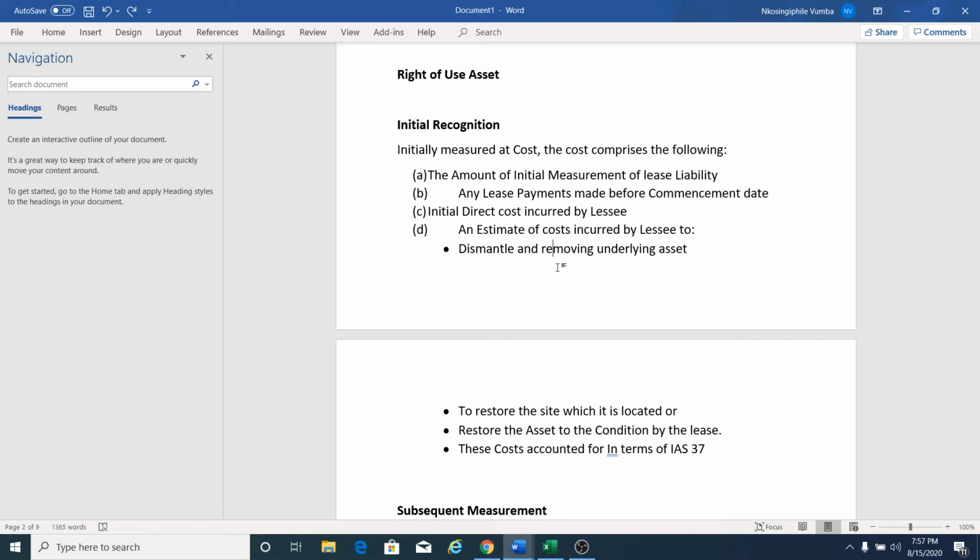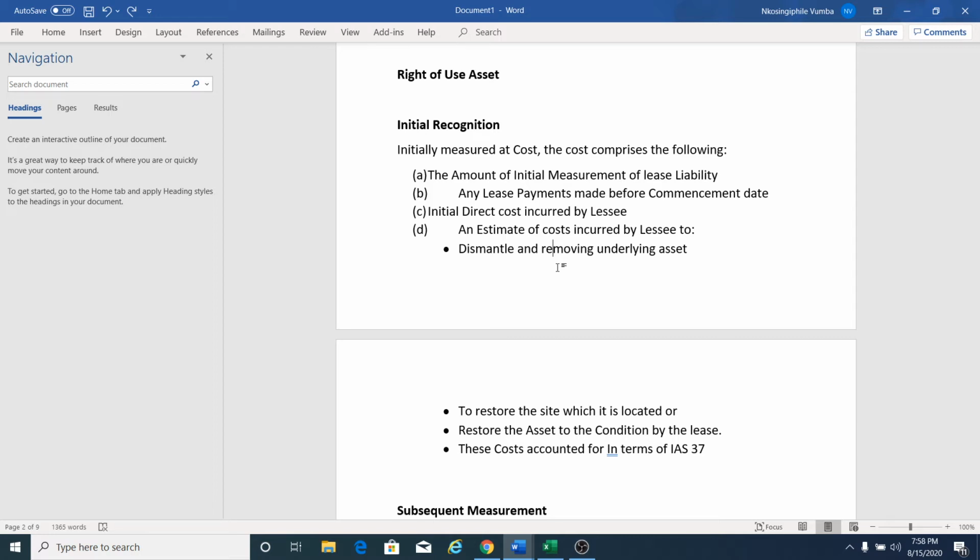If you expect that at the end of the lease term you will incur costs to dismantle that machinery and costs to make sure that the site where the machinery was is restored to a normal condition, those costs should also form part of the right of use asset.